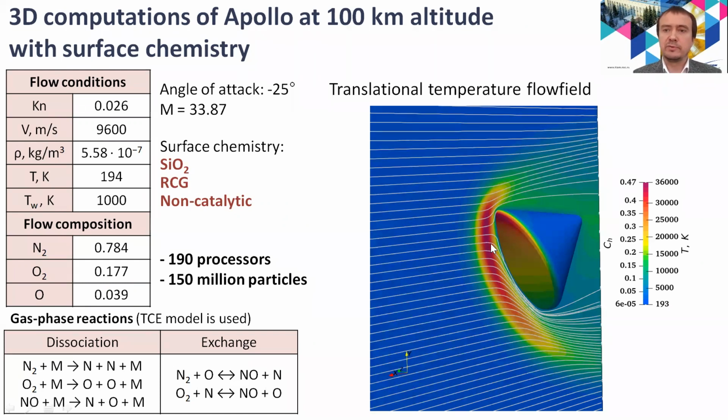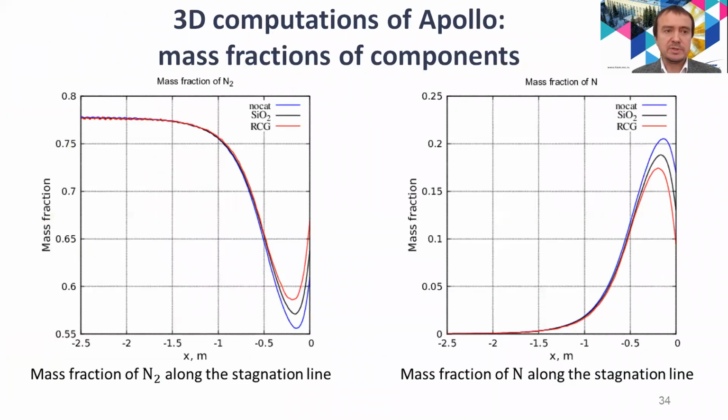This is the temperature flow field for these computational results. What we obtain, these are the mass fractions along the stagnation streamline for different chemical models, and we see the effect of surface chemistry on the mass fractions.